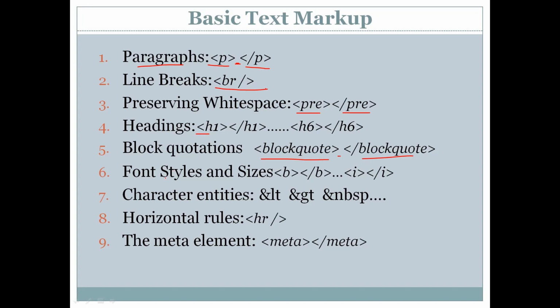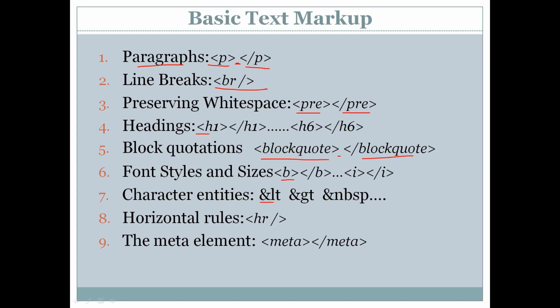Then there are font style and size tags as well, like the tag B which is used to make text bold, and I which is used to make text italic. Like this we have other font style tags. Then character entities like ampersand LT and ampersand GT, which are used to display less than and greater than symbols. Ampersand NBSP is used to display a single character space.